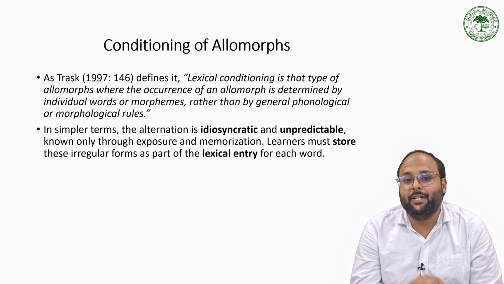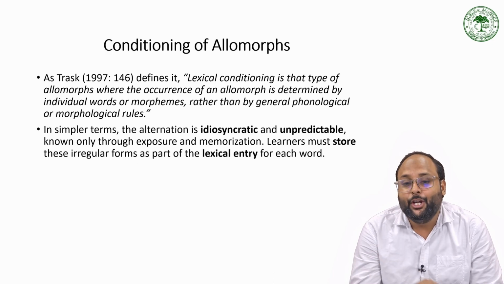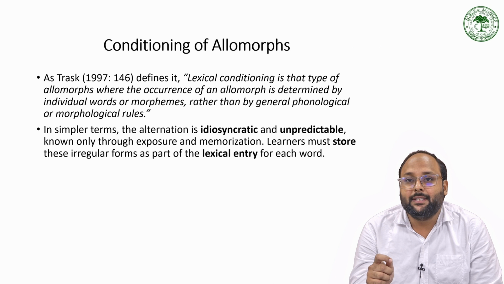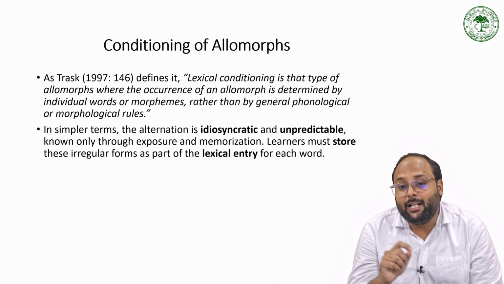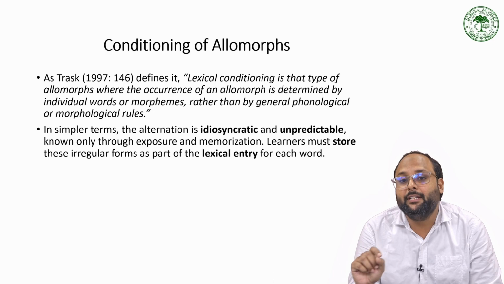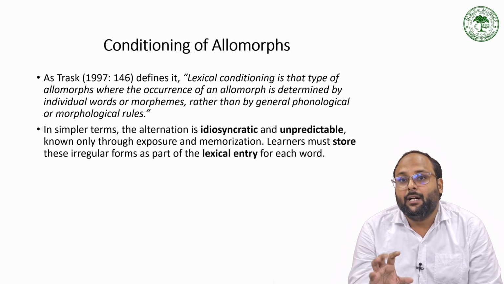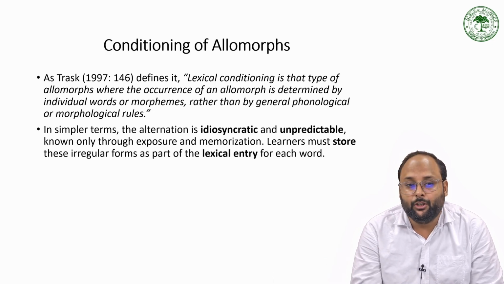So, in simple terms, the alternation is idiosyncratic. Idiosyncratic means the individualness or uniqueness of a particular word. It is also unpredictable. We cannot predict the change by the regular pattern of the language.